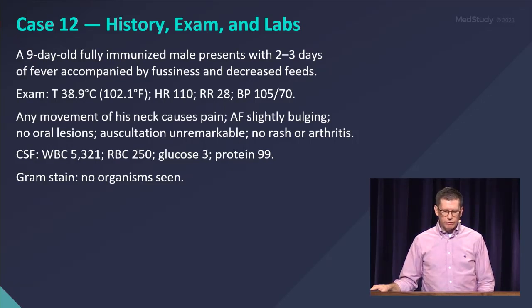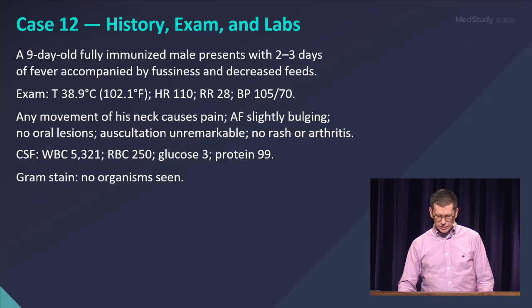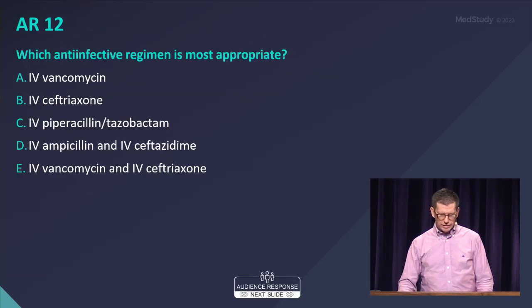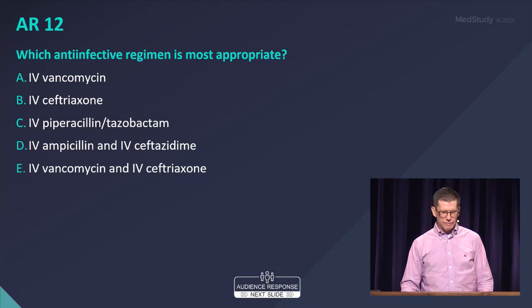CSF has a white count of 5,300, red blood cell count 250, glucose 3, protein 99. The gram stain has no organisms seen. Which anti-infective regimen is most appropriate? A, IV vanc, B, IV ceftriaxone, C, IV piptazo, D, IV amp and IV ceftaz, or E, IV vanc and IV ceftriaxone.